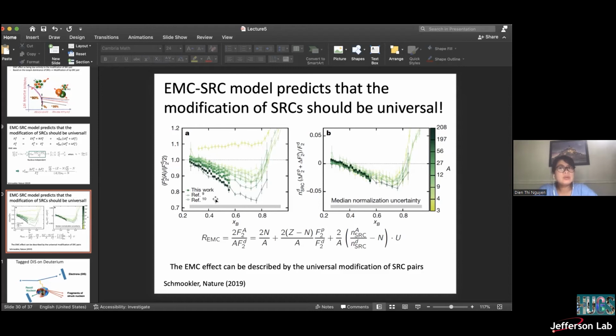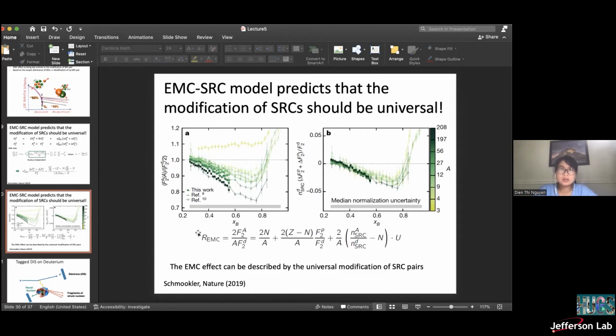This result was published, I think, 3 years ago, so you can check that out. It is a really big result, and it gives us a hint that maybe we can use SRC to explain the EMC effect.